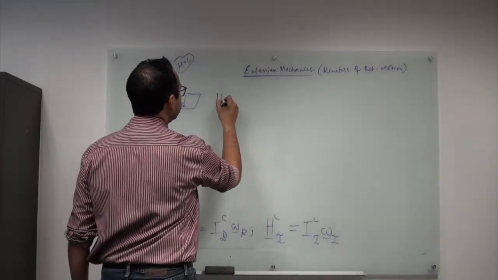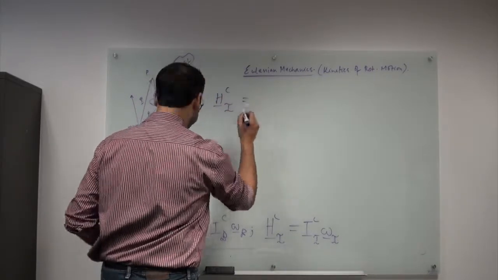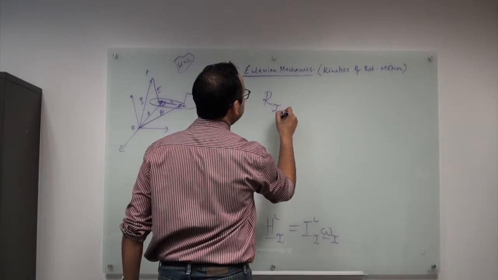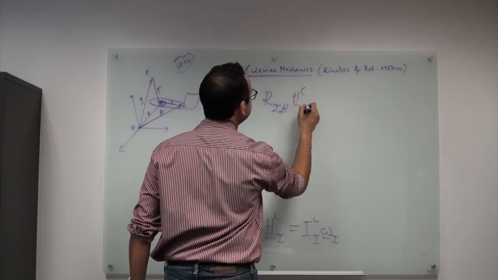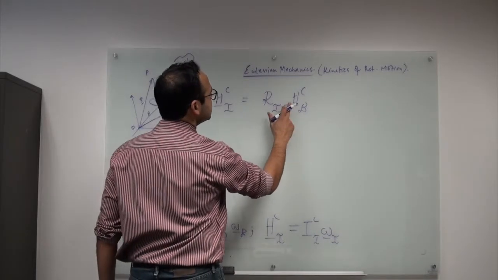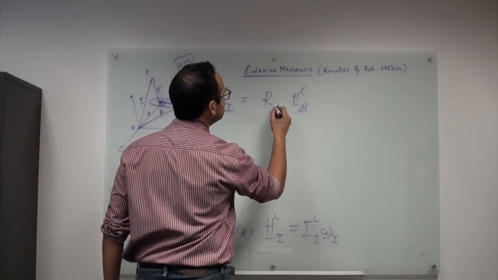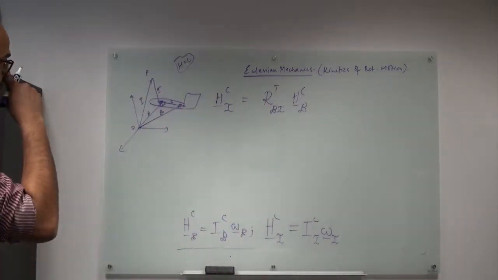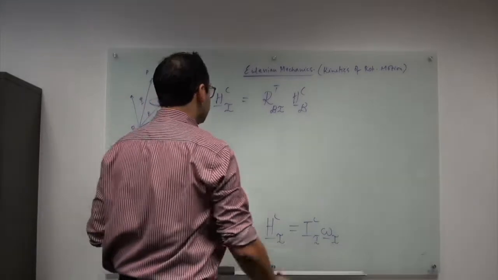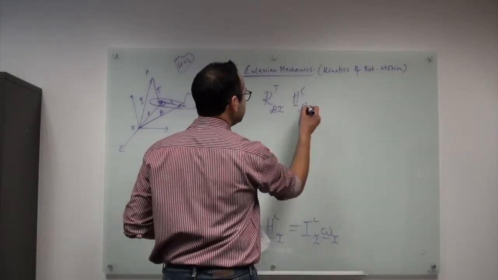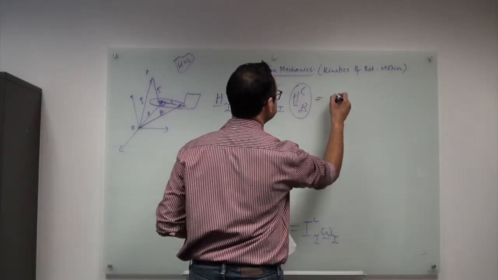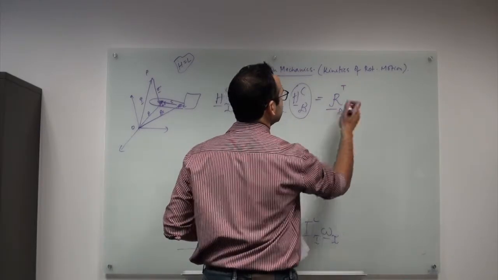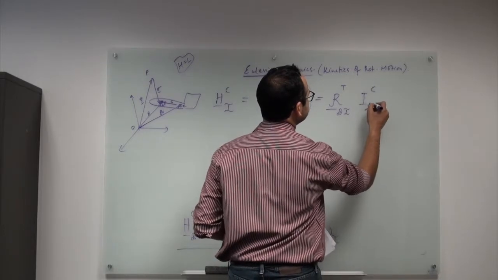So we have HCI, RIB, HCB, but of course this is RBI transpose, because the inverse is transpose for orthogonal matrices. And this we know, ICB, we just found this.